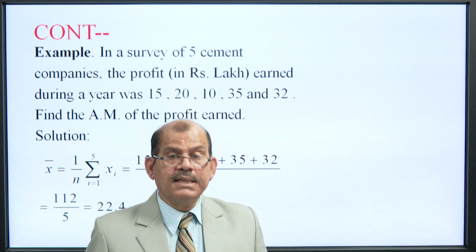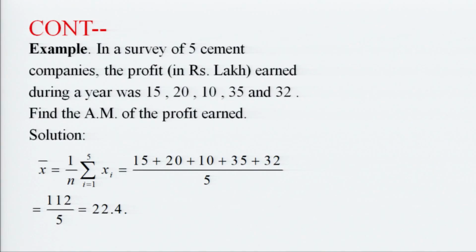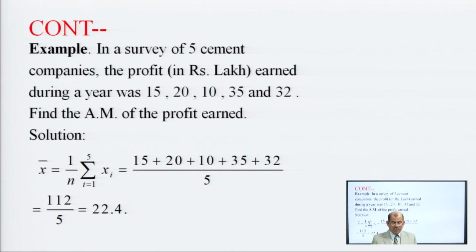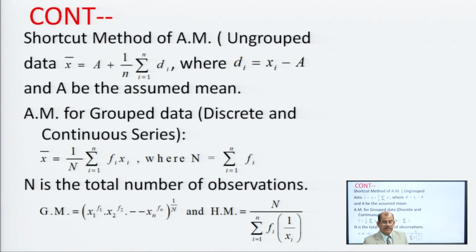The sum of the numerator is 112 divided by 5, it is equal to 22.4. The average is 22.4.